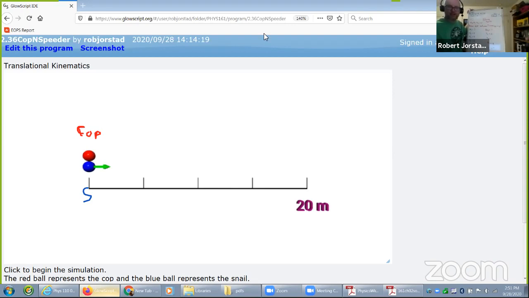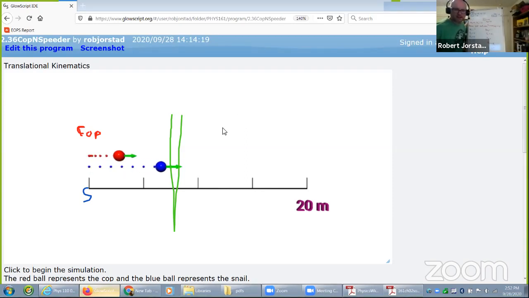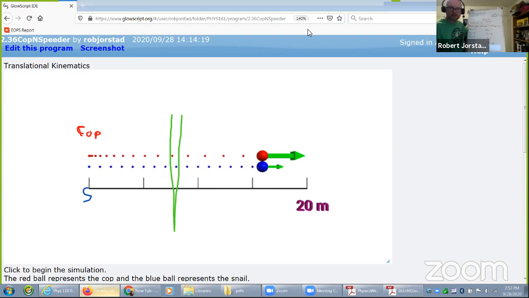It looks like, I'm just going to guess, somewhere in here is where the cop starts gaining. Let's try running this again. Look at the velocity arrow. Same size, now it's gaining. So it was a little earlier than that.